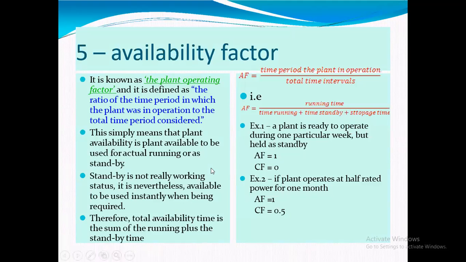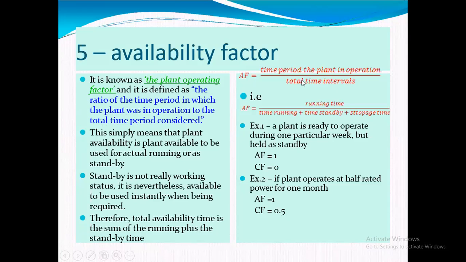Moving towards the fifth, availability factor. It is known as the plant operating factor, and it is defined as the ratio of the time period in which the plant was in operation to the total time period considered.